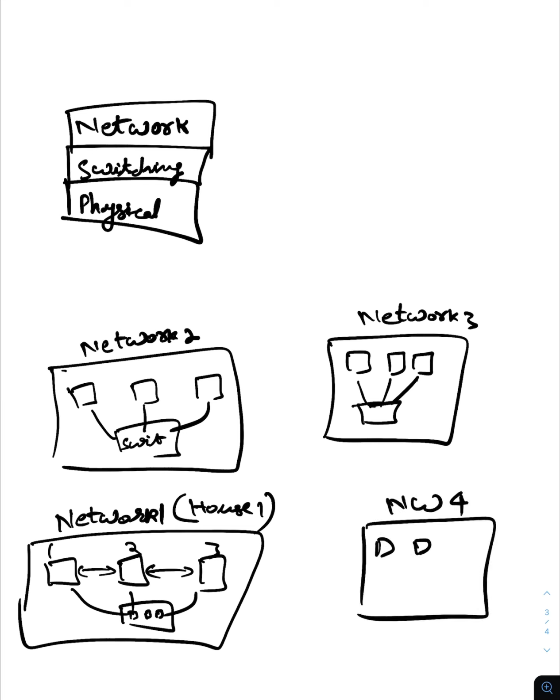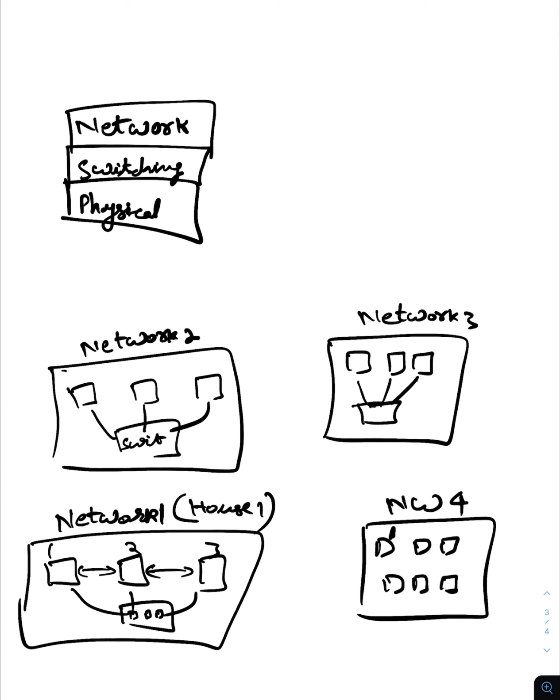So these are different networks, and if you want to send or request something from computer 1 in network 1 to computer 1 in network 4, then it's a different network, so consider it as a different family.